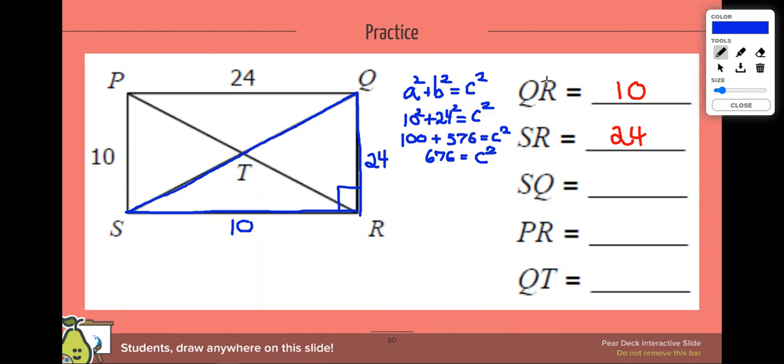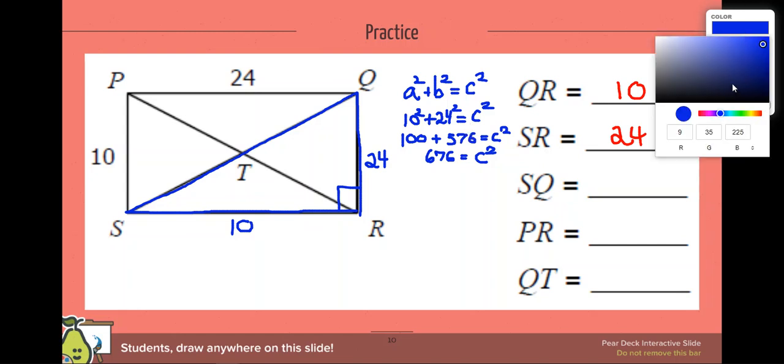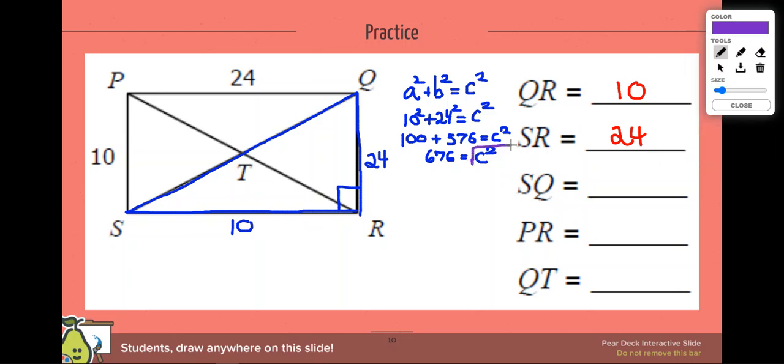Now to cancel out c squared, the opposite of a square exponent is a square root. So we're going to take the square root of both sides. That cancels out the square exponent. The square root of 676, the number times itself that equals 676, is I think 26, but let me double check.